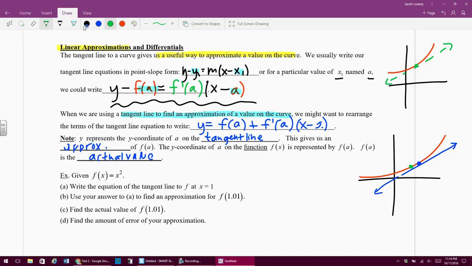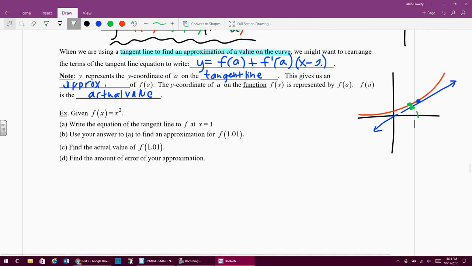And if you see it, if I take the point on the tangent line and the point on my curve, they're going to be pretty close. And the closer I can get to where the tangent line was created, the closer it's going to be. Now, this sounds really difficult, but this is an easy topic.